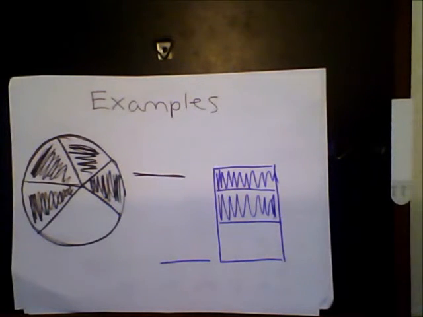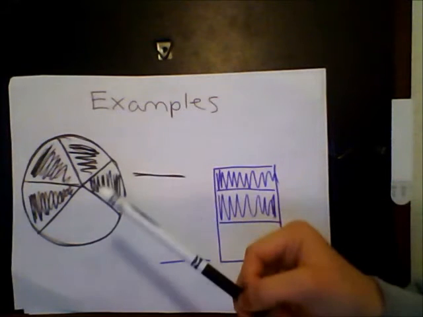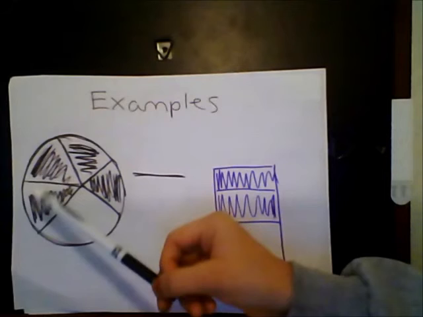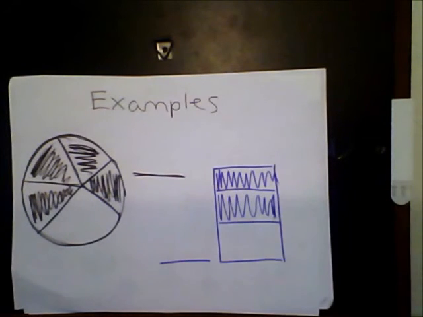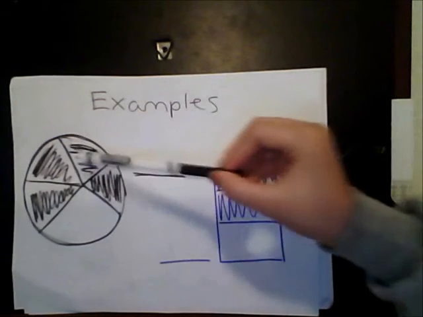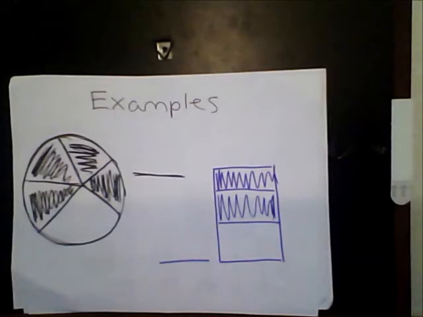Here we have a fraction, and we can see that it is split into 5 equal parts. 1, 2, 3, 4, 5. Now let's count the number of parts we have shaded in. 1, 2, 3, 4. The numerator is the number of parts we have and is located above the fraction line.